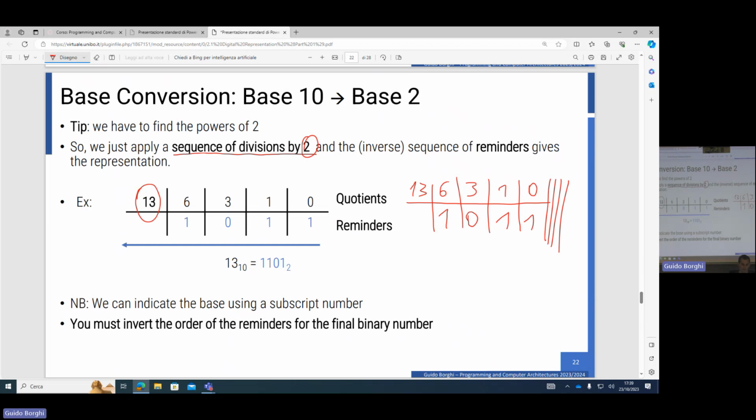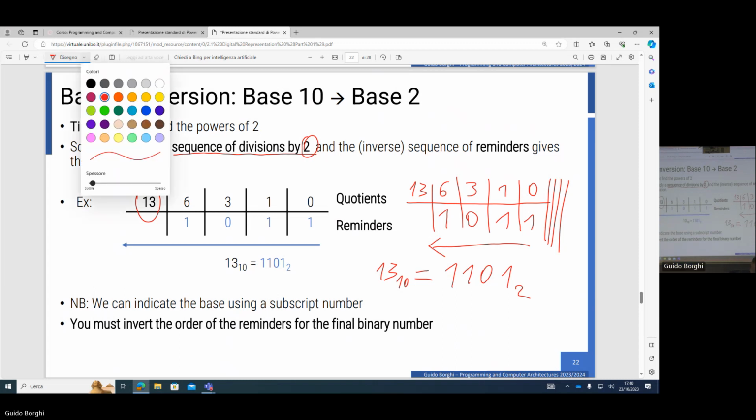Remember that the final representation is given by the inverse order, inverse sequence. So we start from right to the left. So the final representation: 13 base 10 is equal to 1, 1, 0, 1 in base 2. Remember this error.